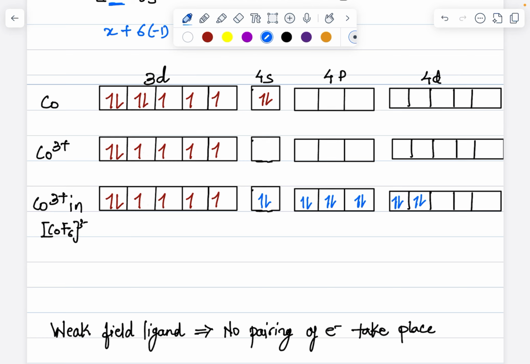So what is this hybridization? Like this is from F minus, this is from F minus, F minus, F minus, F minus, and F minus. If you see over here, which orbitals are involved? There is one orbital of s, 3 orientations of the p, and 2 orientations of the d. So what hybridization would it be?